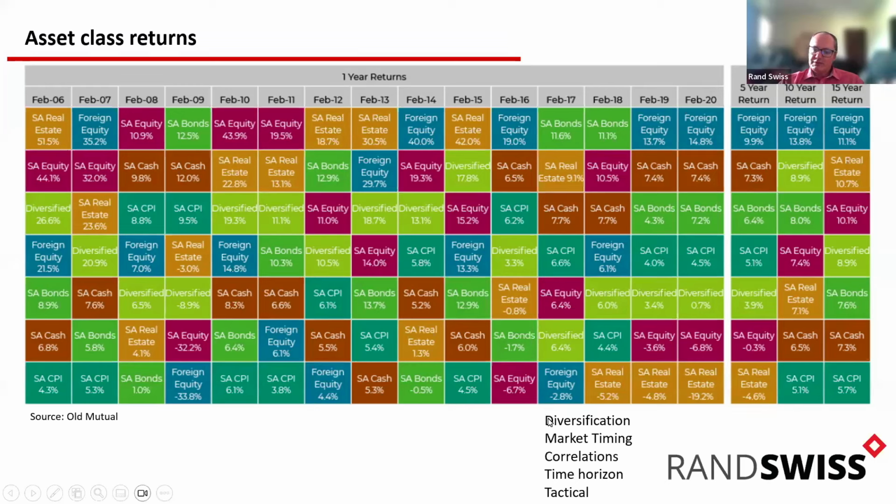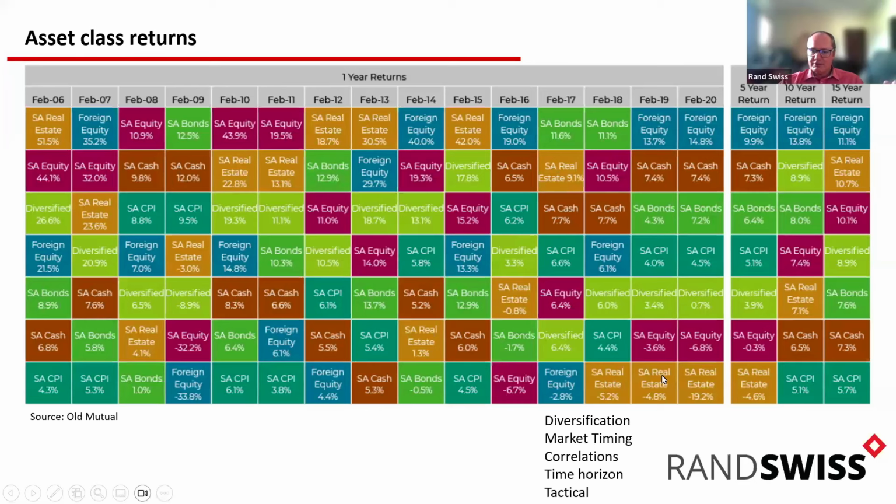When we look at this slide, it tells a story about diversification. It tells a story about market timing. It tells a story about correlation, how these things work and run together or don't run together. And if you look at foreign equity and SA real estate, it's almost like their correlation is very low. Can you see that?